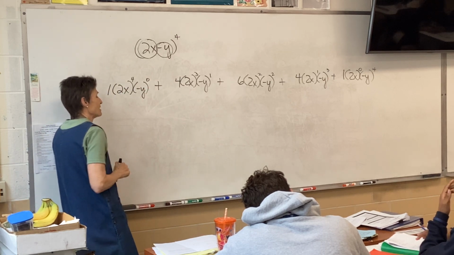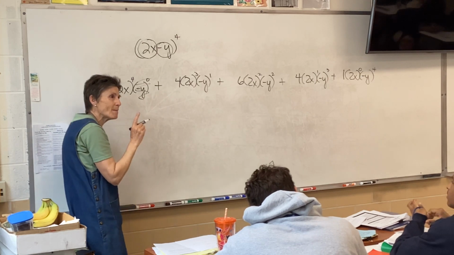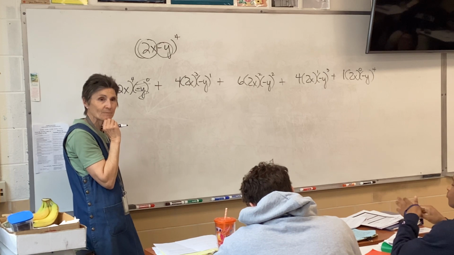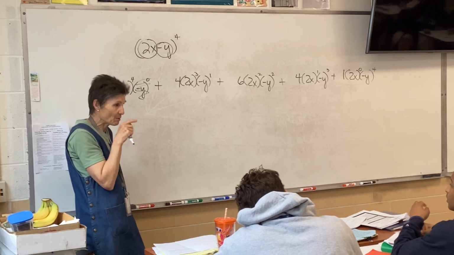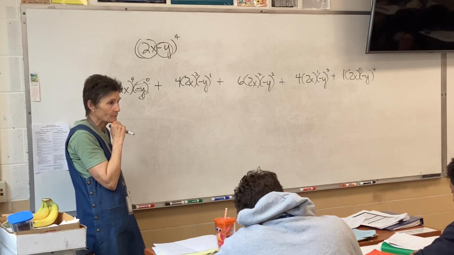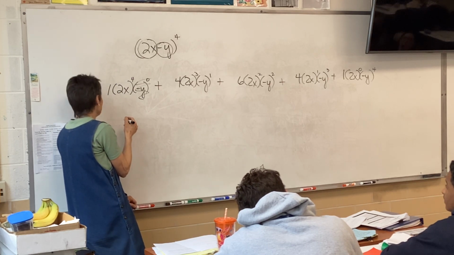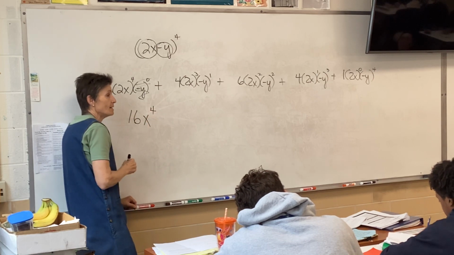What's anything to the 0? So that disappears. Do you remember from what we had before? The first term didn't have a y in it. It really did, but it was y to the 0, so you didn't see it. So what is my first term? 16x to the 4th.